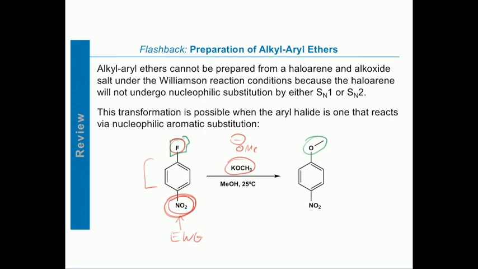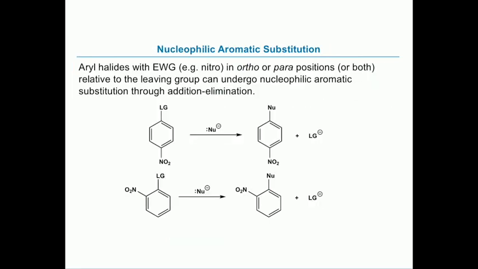Fluoride is typically used for these reactions, and we're using an alkoxide as our nucleophile, which is substituting that center. So the reaction is happening at this position right here, the same position that the halogen is attached to. That's where that substitution comes through in this case. So the pattern that we're looking for here is some kind of aryl halide, where the halide makes up our leaving group.